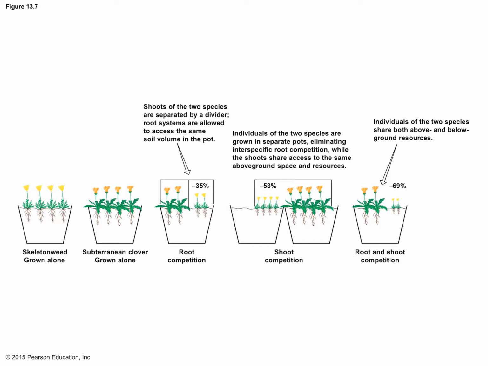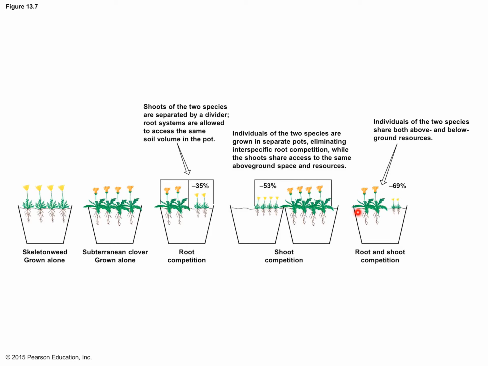And compared to skeleton weed grown in monoculture by itself, when the two species were grown together, effects on skeleton weed biomass were pretty dramatic. When the roots were allowed to intermingle, skeleton weed biomass was reduced by 35%. So that's what you see right here. When the canopies were allowed to intermingle here, skeleton weed biomass was reduced by 53%.